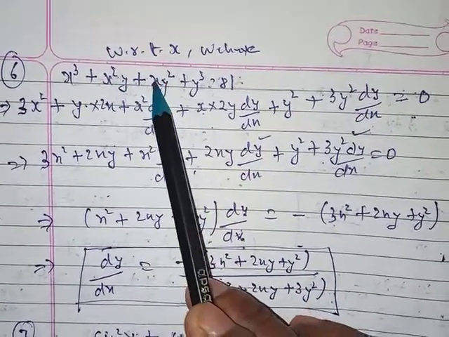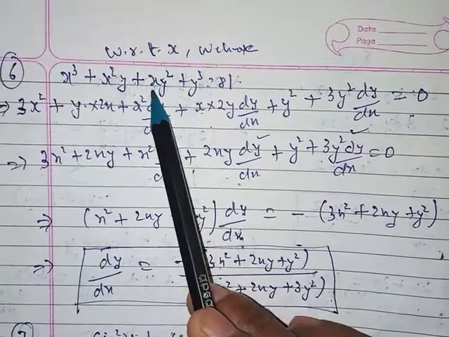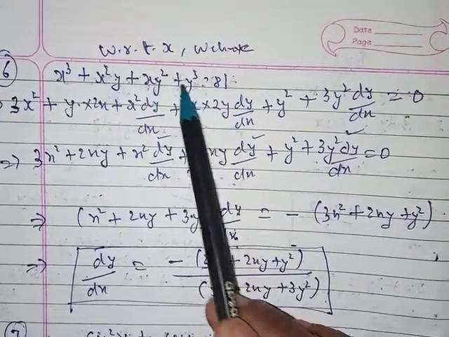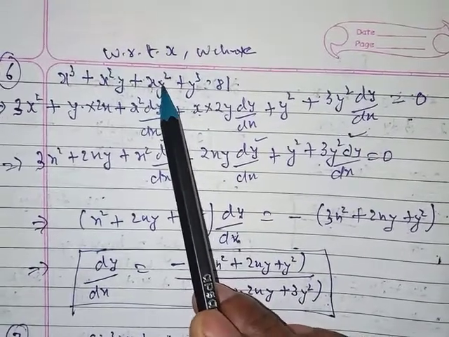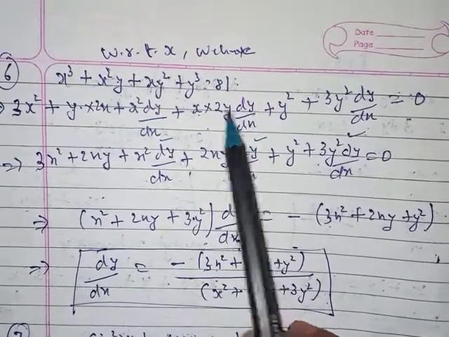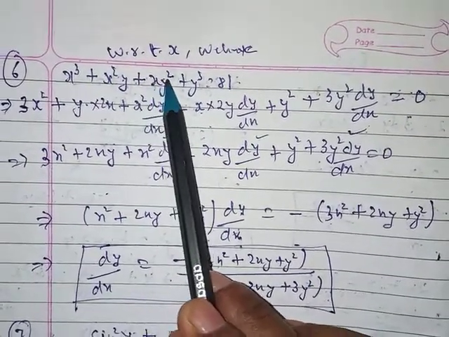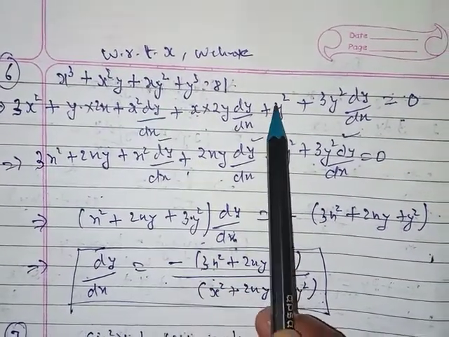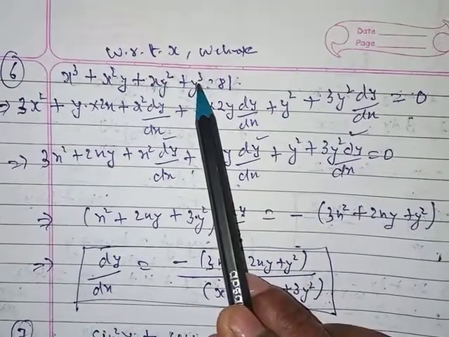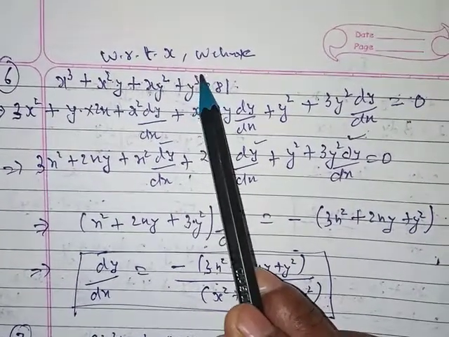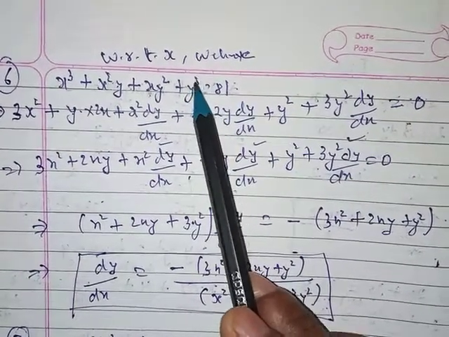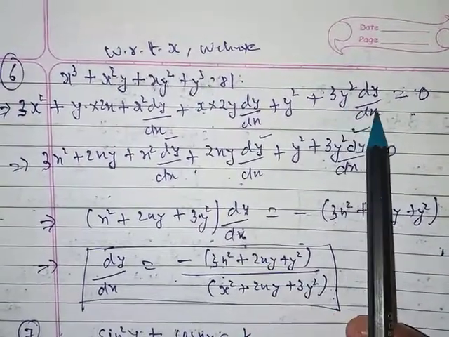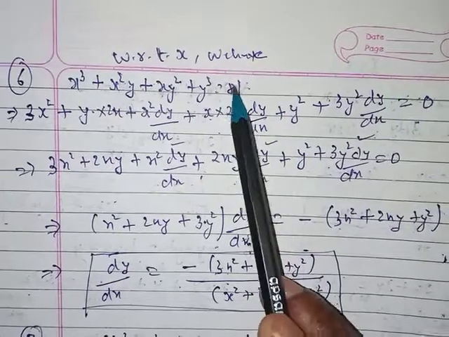Now the second term, here x remains constant, we take derivative of y square, first with respect to power is 2y, and derivative of y is dy by dx. Then x remains, y square remains constant, and derivative of x is 1, so y square. Now we come to this term. First with respect to the power, cube, so 3y square, and with respect to y is dy by dx, is equal to 0. 81 is 0.